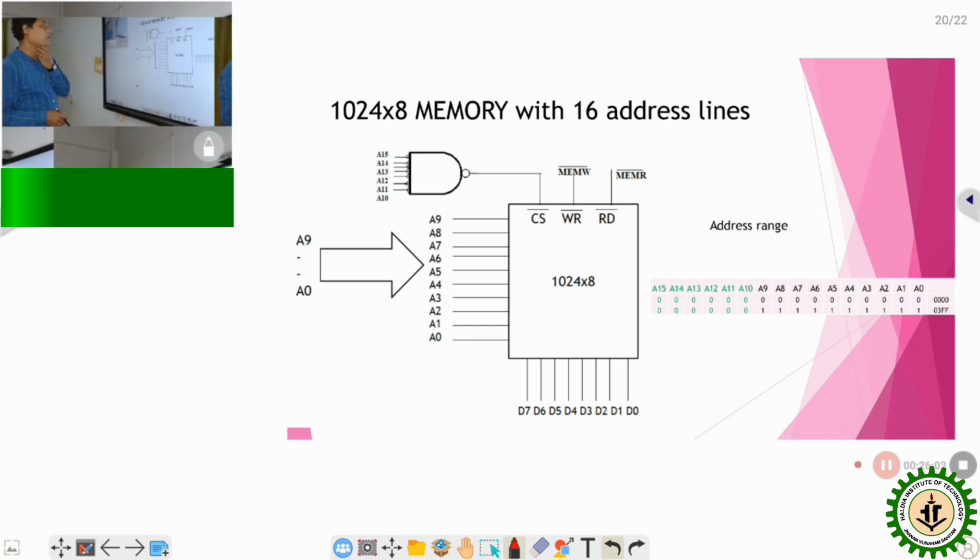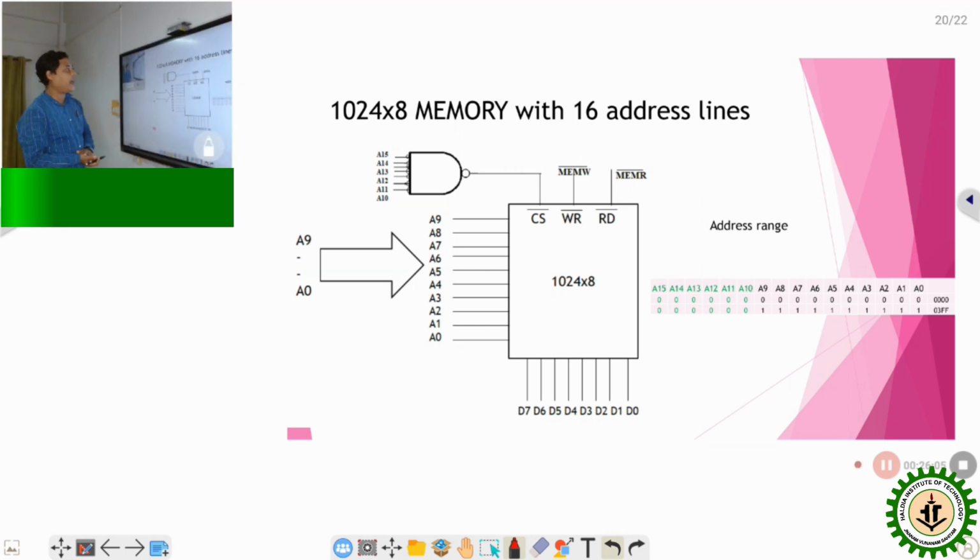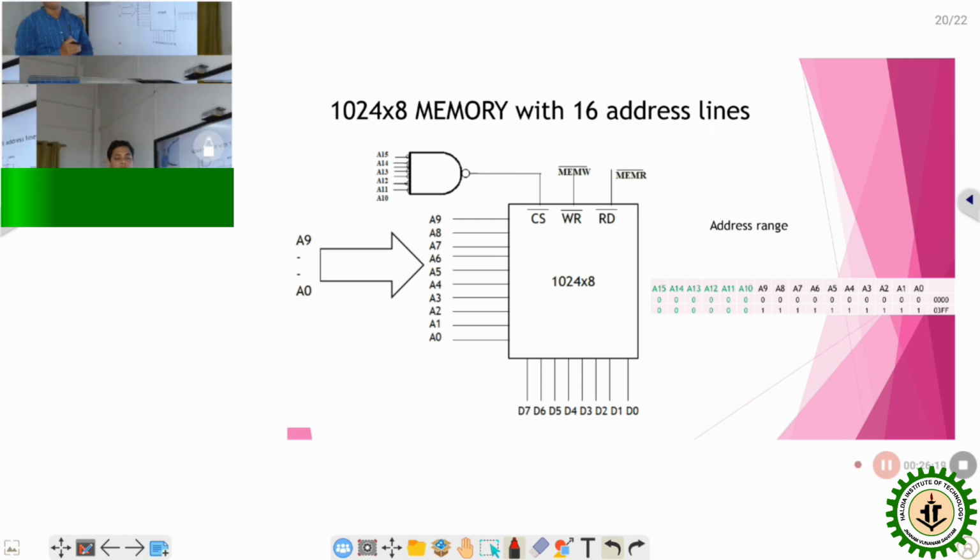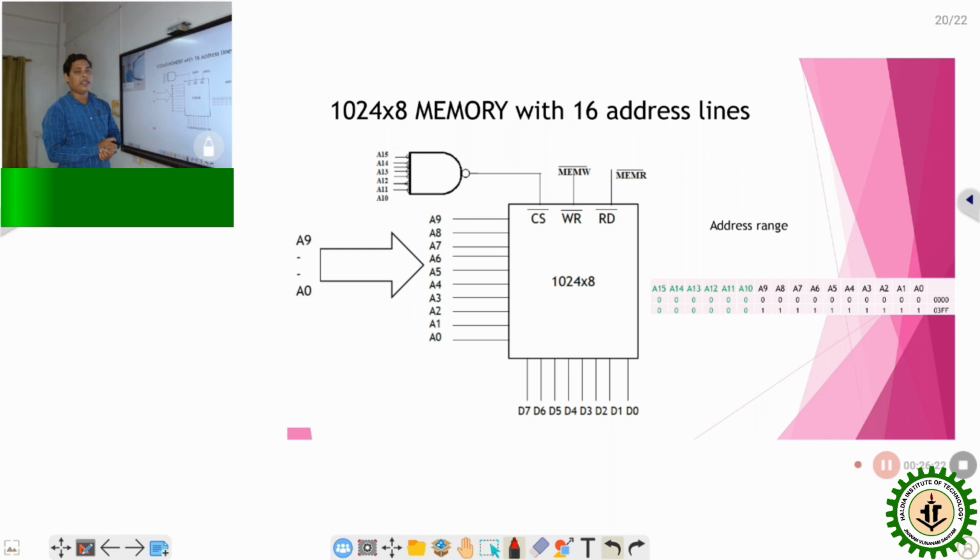So in the last diagram, it is shown that we are going to connect this device with the 8085 having 16 address lines. In the previous circuits, we considered only 10 lines, or 12 lines or 11 lines, but actually in the 8085 microprocessor there are 16 address lines present.